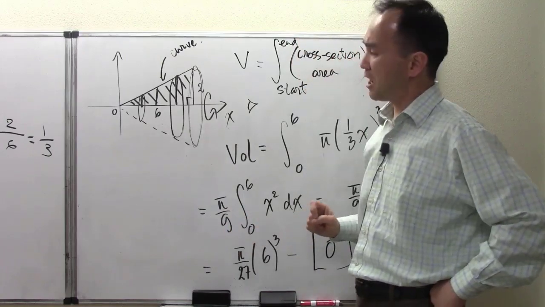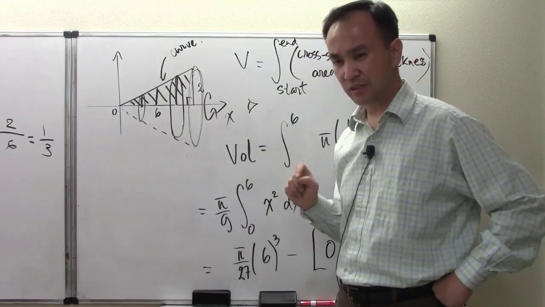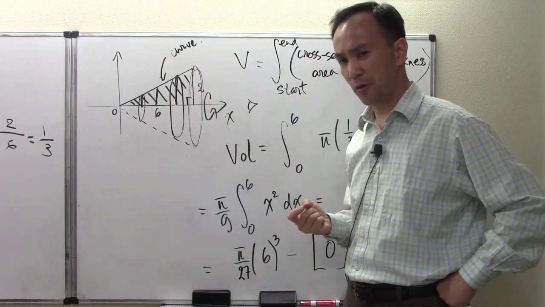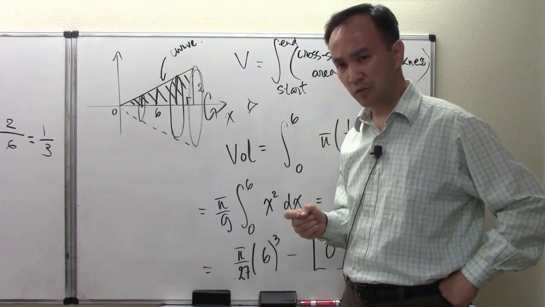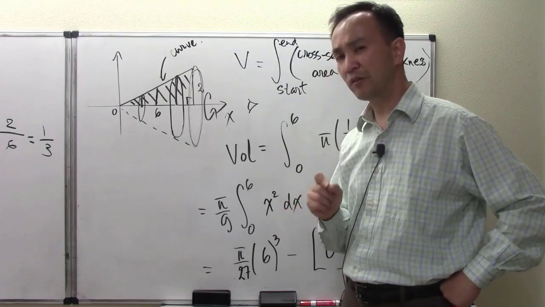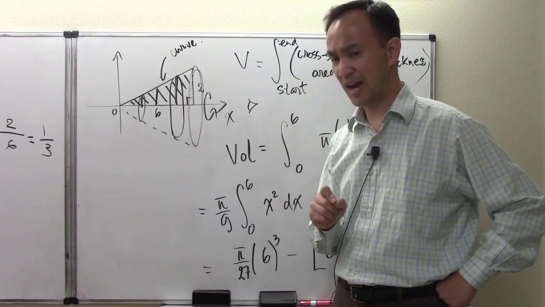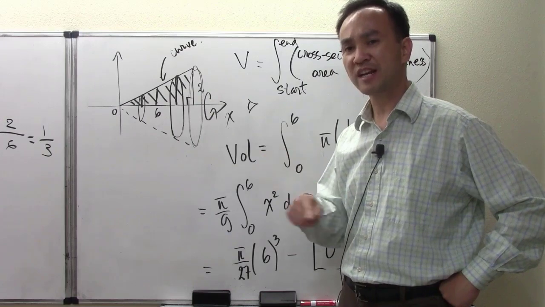The whole reason I brought up this example is that I want whoever is learning from this video to realize how many solids out there actually come out from rotating a region.